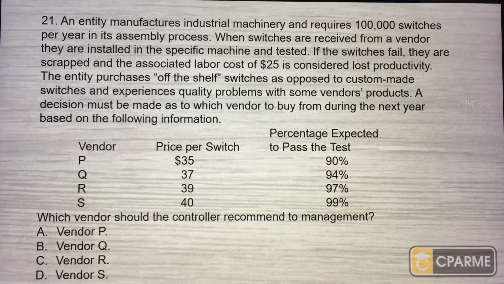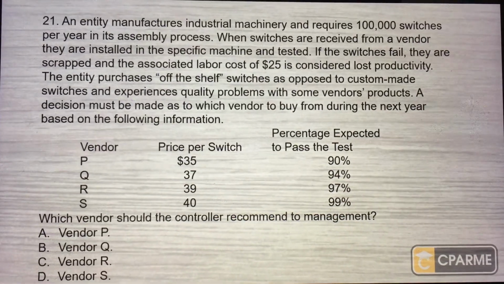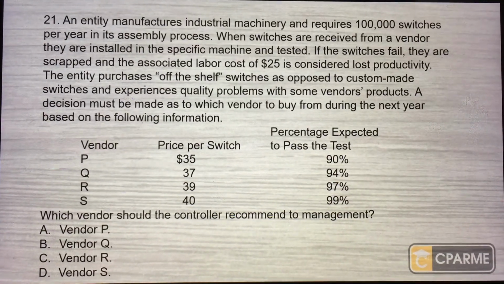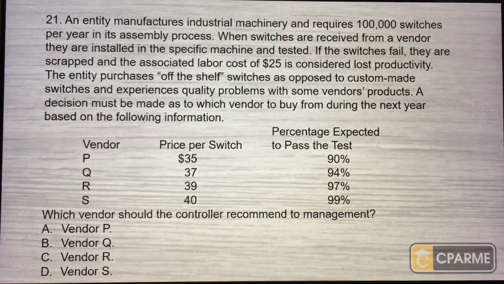So from that 100,000, if 90% will pass, then 100,000 times 90% times 35. And then the remaining percentage for P, 10%, multiplied by 100,000, so 10,000 times 25.